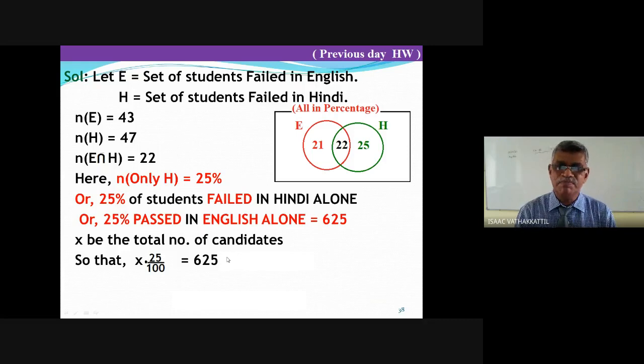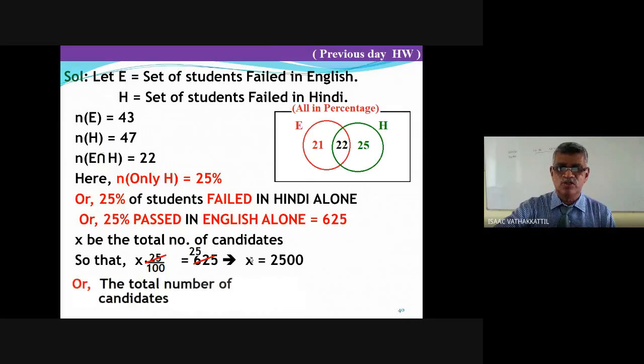You can tell me where you find difficulty now. 25% of the total candidates, suppose x, into 25 by 100 is equal to 625. So what is x? Cancel it and simplify and you get x equal to 2500. So the total number of candidates is 2500.